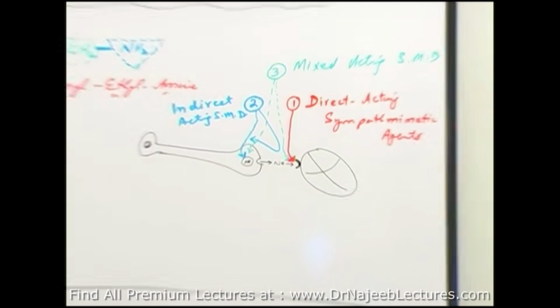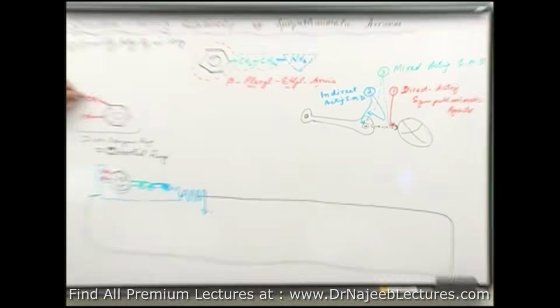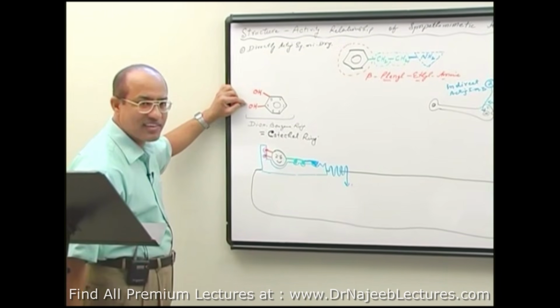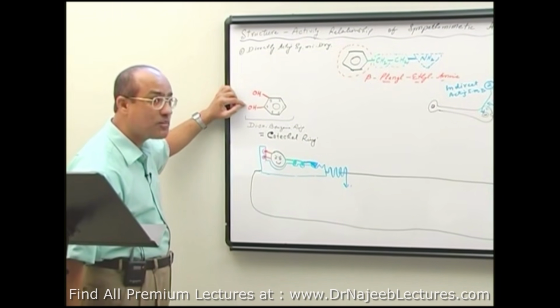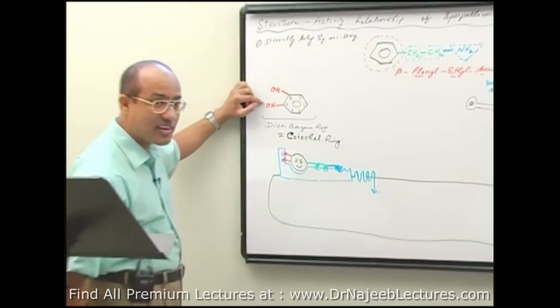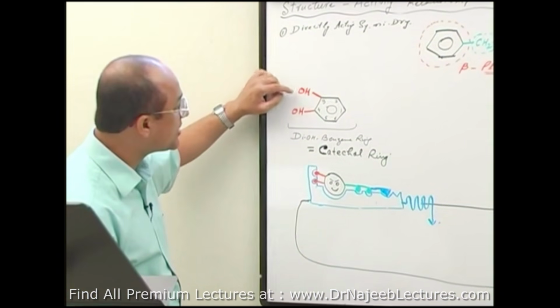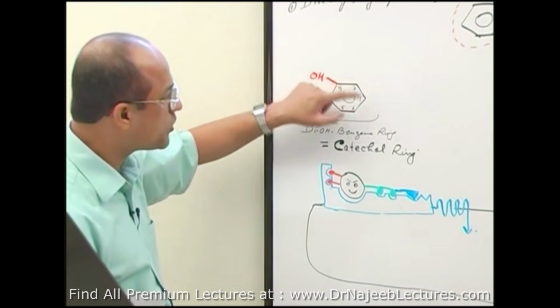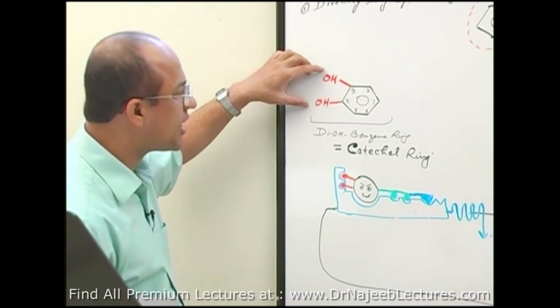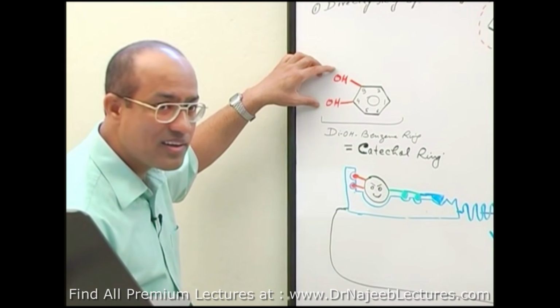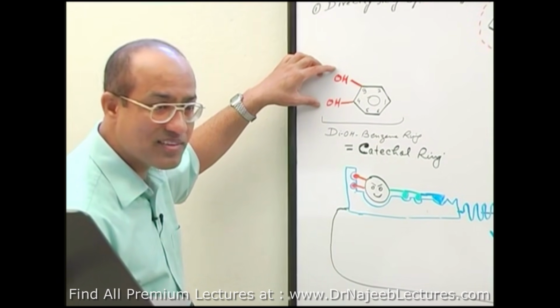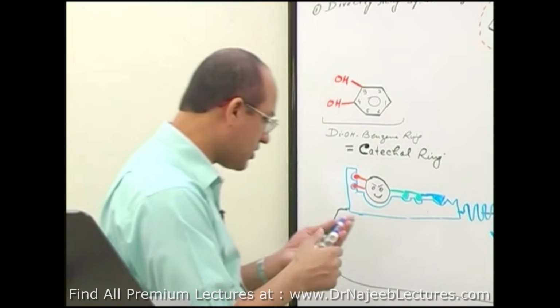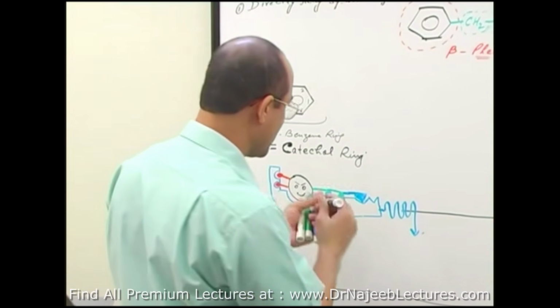Now come back to this structure. If these two hydroxyls are present, the compound will be a catecholamine. Is that right? Any sympathomimetic drug which has hydroxylation at the third and fourth carbon of the benzene ring, such drugs as a group are called catecholamines, right? And of course, which are the members of catecholamines?